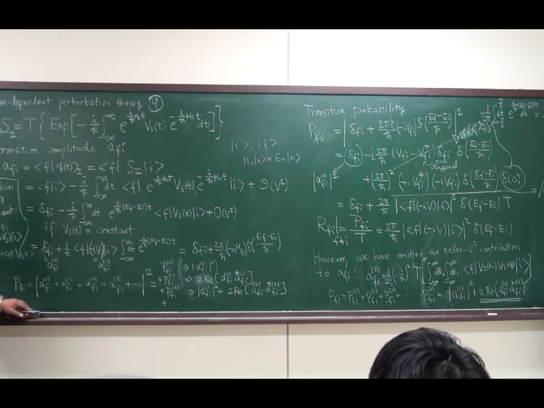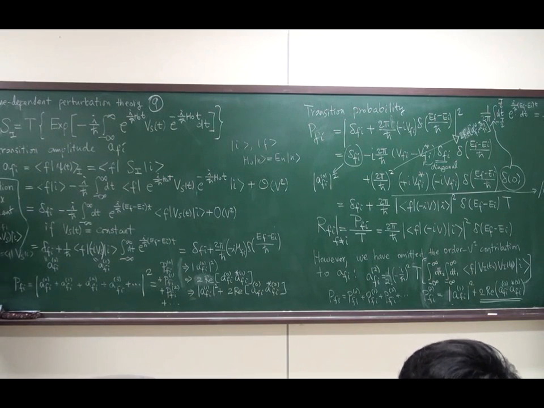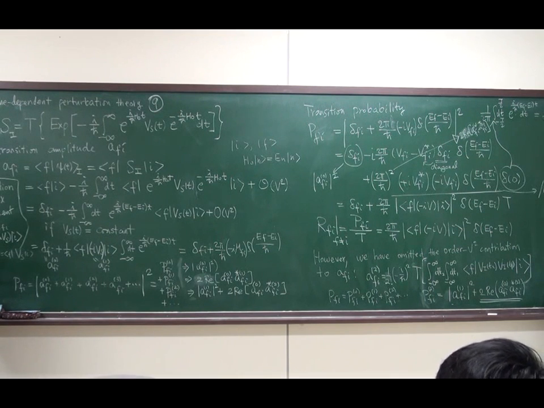If we want to compute the transition rate, we have to compute the transition probability first. That is the square of this transition amplitude.